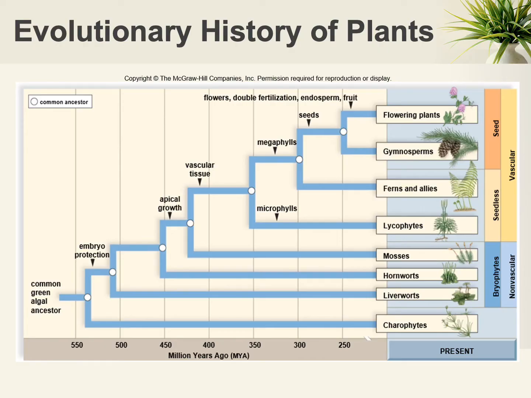If you see from this evolutionary history of plants, we are done with the bryophytes, which are non-vascular. Next, we will go on into the lycophytes, which have the vascular tissue, but they don't have megaphylls, they have microphylls. They are seedless plants.